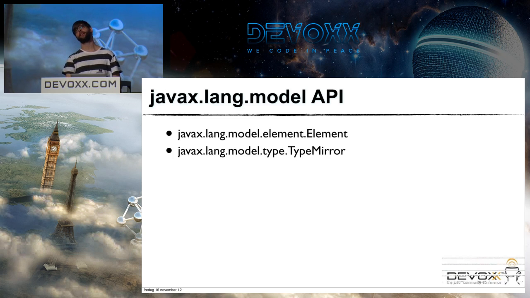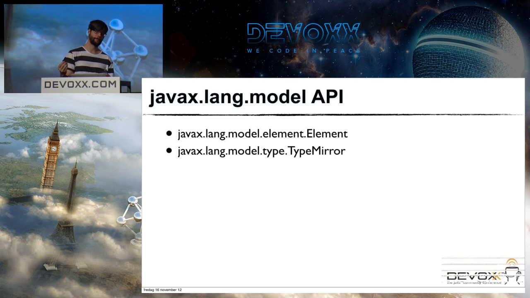And there's also the type mirror part of the API, and this corresponds to types. If you see the class file source of List as the element of List, then you can see the instantiated type of List.